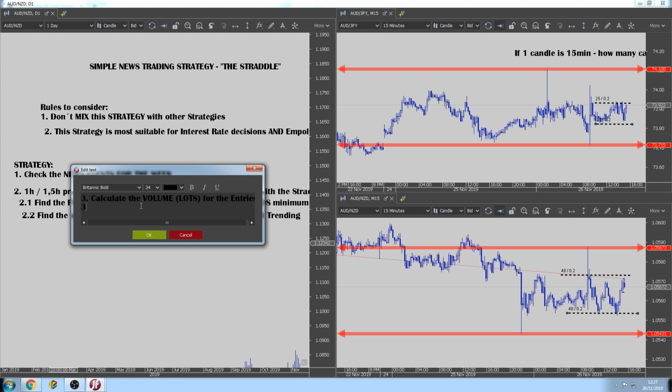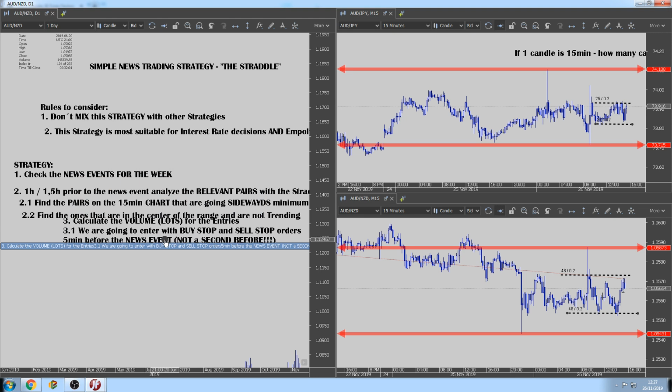Okay, 3.1, we are going to enter with buy stop and sell stop orders 5 minutes before the news event, not a second before. Okay, this is a rule.